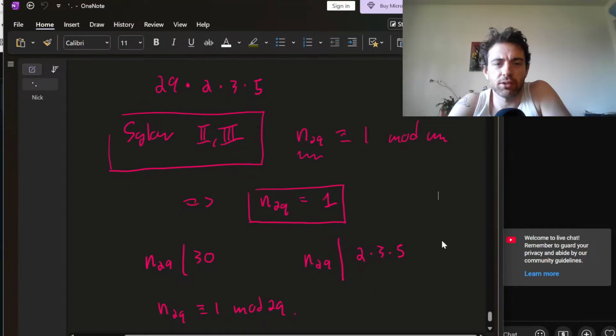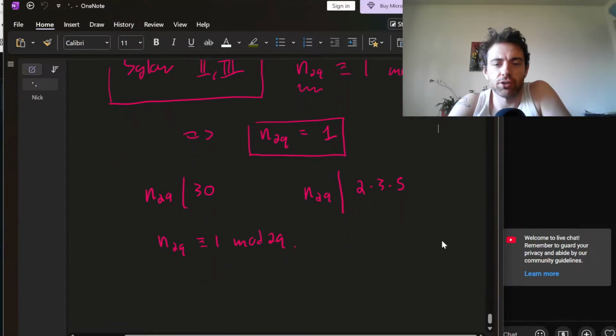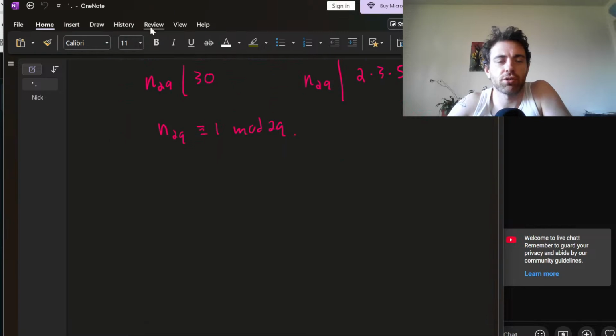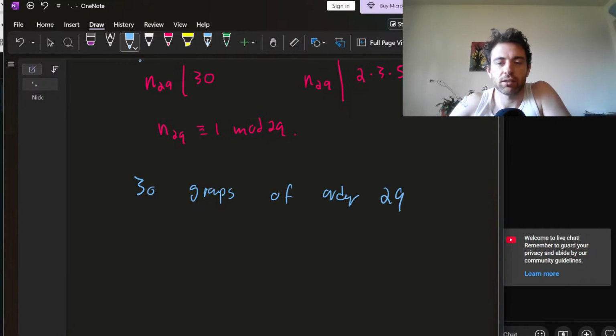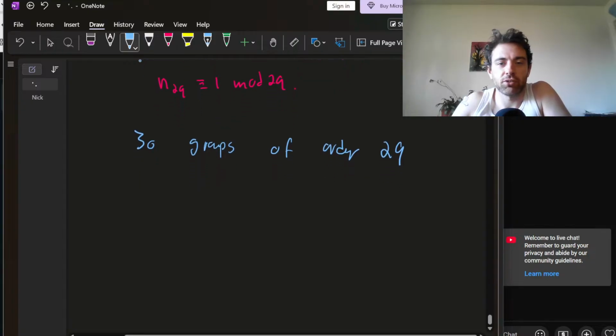I think the point is, all of these Sylow subgroups only intersect at the identity, right? So if we had 30 groups of order 29, well, then how many elements does that account for? Each of them has 28 non-identity elements that are all pairwise disjoint, and then plus the identity.